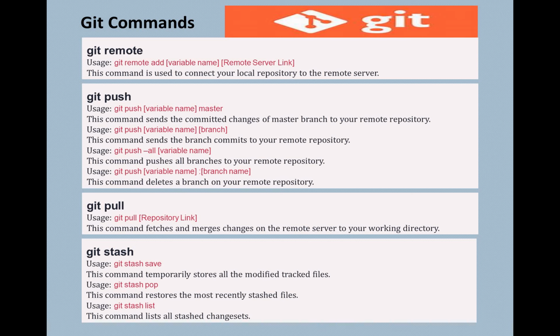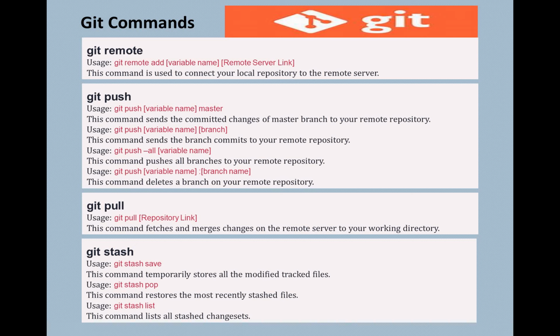So the next command is git pull. This is also a very frequently used command. For git pull, you need to mention the repository link. Okay, this command fetches and merges changes from your remote server to your working directory.